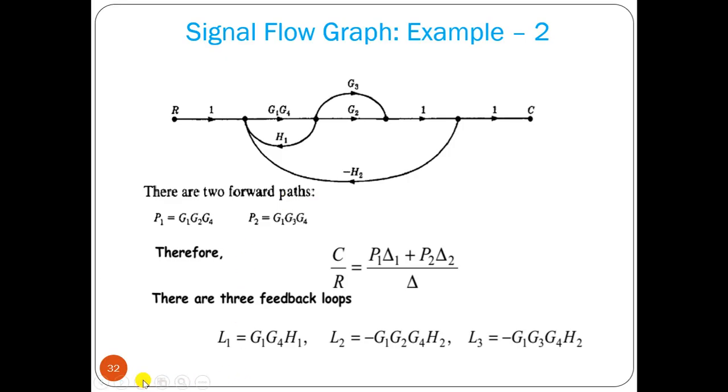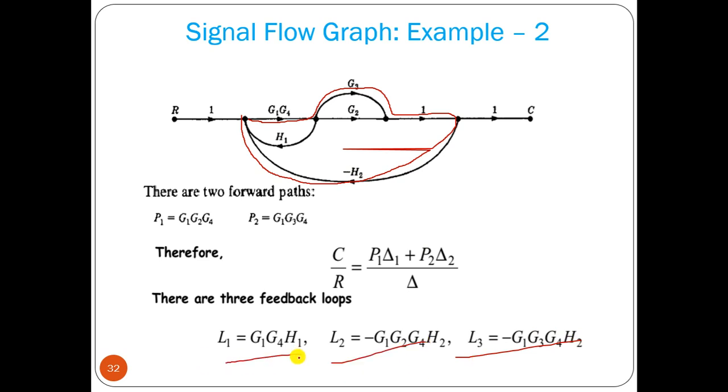So what is the other loop that we are getting? The third loop starts from this one, goes this way, and comes back to this point. So this is a bigger loop, with gain G1 G4 G3 into minus H2. So these are the three loops.